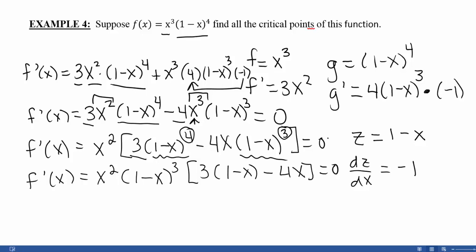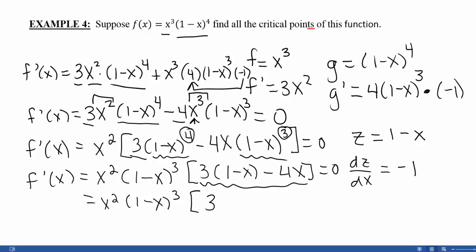And again, I want to know when that equals 0. So finally, I need to look at what's left in my brackets here to see if I have any like terms. So the first terms stay the same. And now inside the brackets, I get 3 times 1, which is 3, and 3 times negative x.